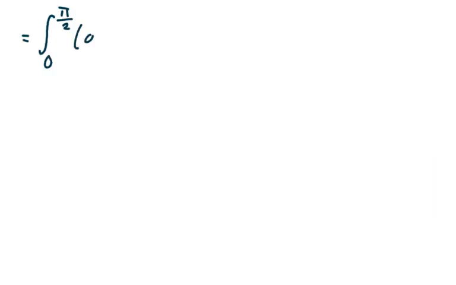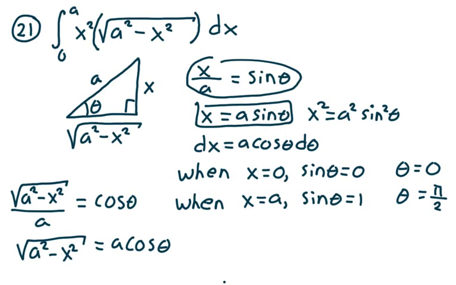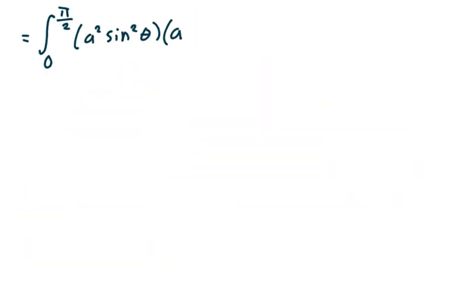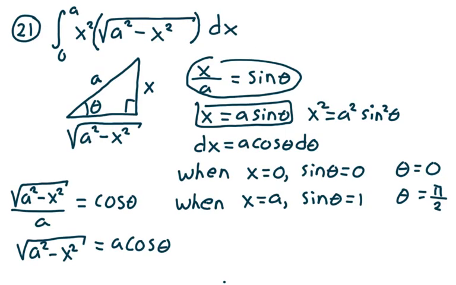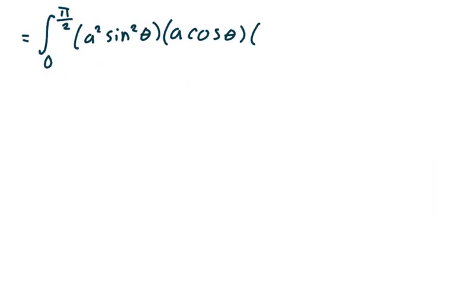So I get a squared sine squared theta times a cosine theta times a cosine theta d theta.